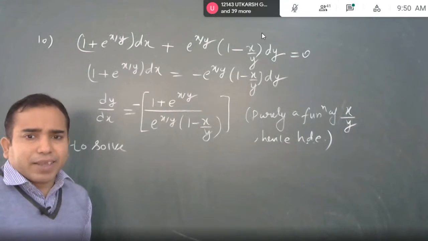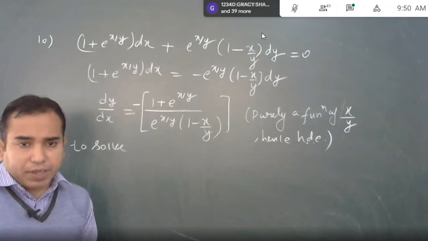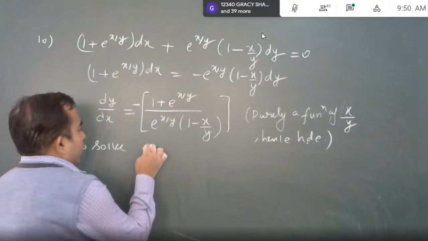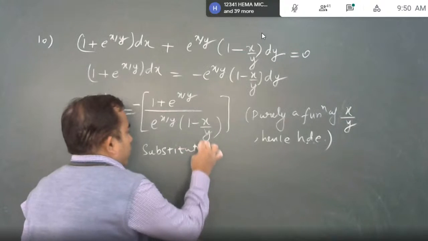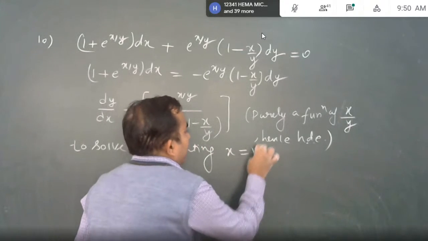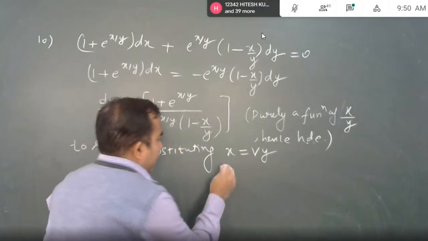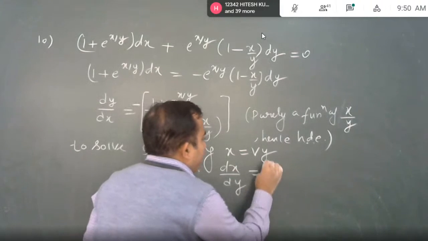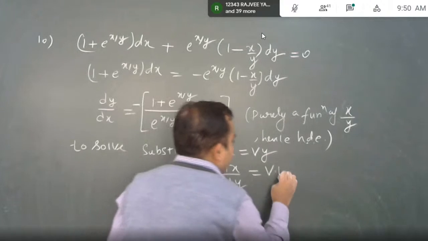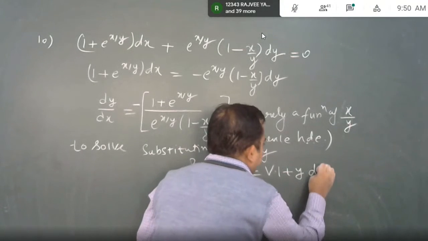So it is better here to interchange x and y in our method. So here to solve, substituting x equal to vy will be better, and then dx upon dy will be v into y with respect to y will be 1 plus y as it is into dv upon dy.